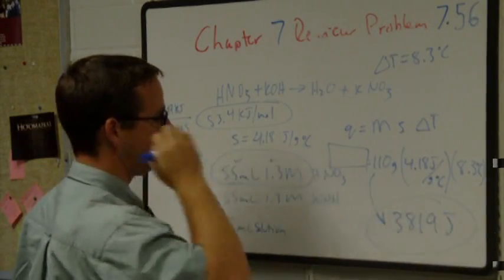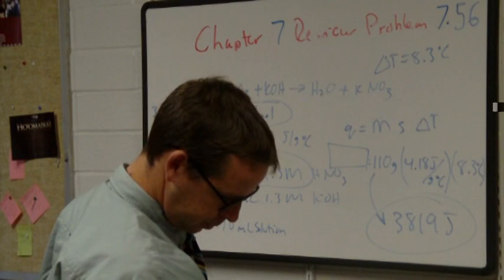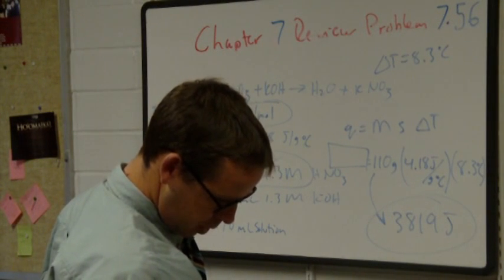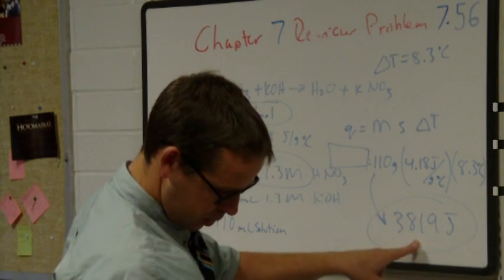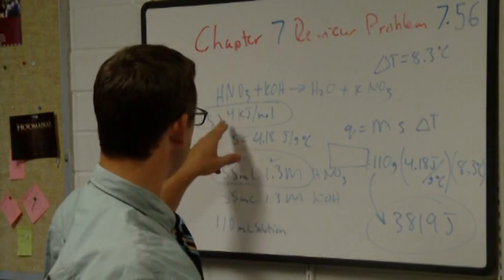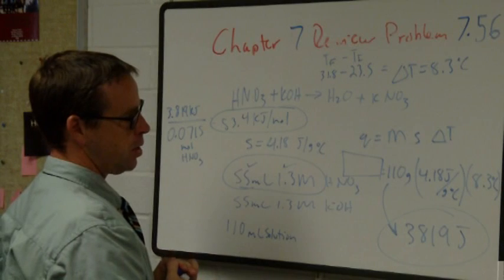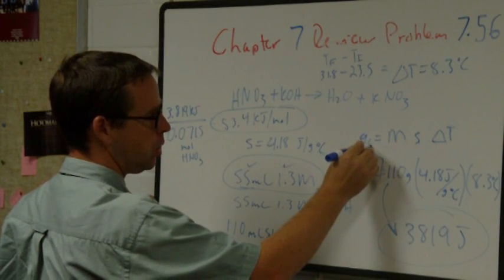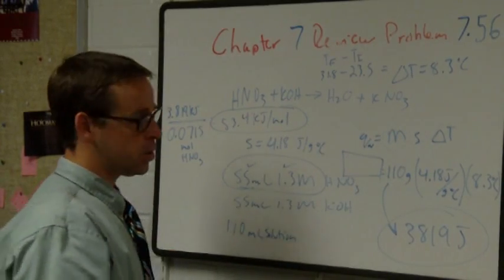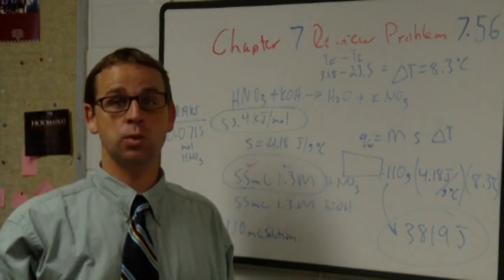All right. So 7.56. Oh, and we have the reaction up there. They rounded this to 3,800, and this is 53.4 kilojoules per mole. So this value here, 3,819, is the joules that the water, the Q of the water, received, because the water heated up.